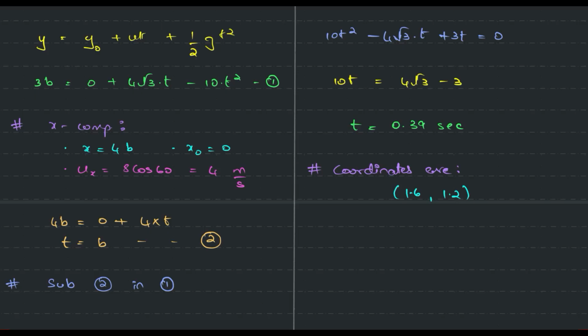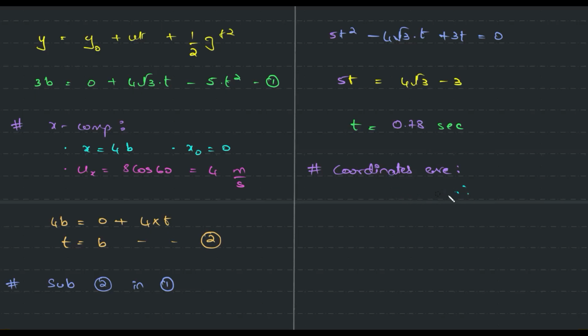Oh guys, I noticed a mistake over here. I didn't divide by 2. So this will be 5, and this will be 5, and then this will be 5. And then t will be 2 times whatever we got, so that is 0.78, not exactly 0.8, but about 0.78 seconds.